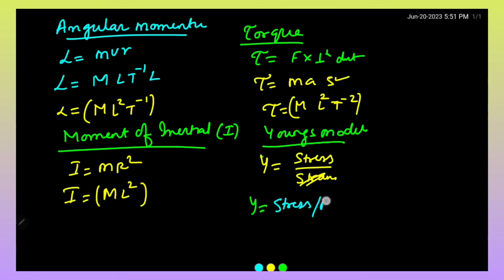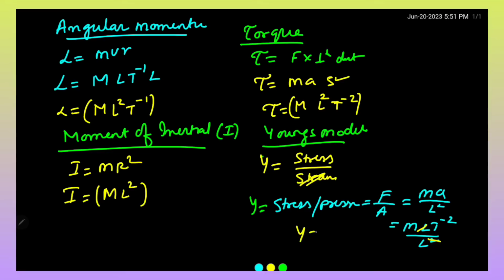Stress, or it can also be taken as pressure. Pressure is nothing but force by area, or stress is also going to be force by area. So this can be written as mass into acceleration by area. Area means L square. So mass into acceleration is m L t power minus 2 and this is L square. So here L square gets cancelled. So finally you'll get the dimensional formula for Young's modulus is m L power minus 1 and t power minus 2.